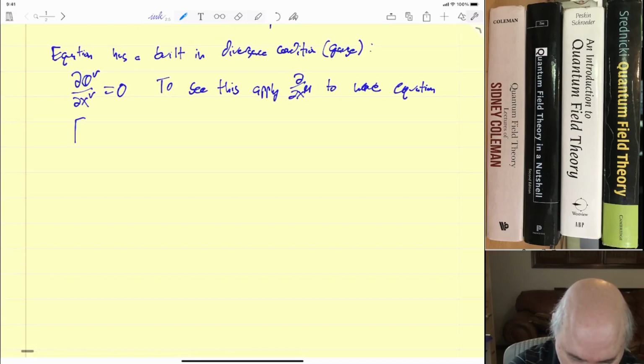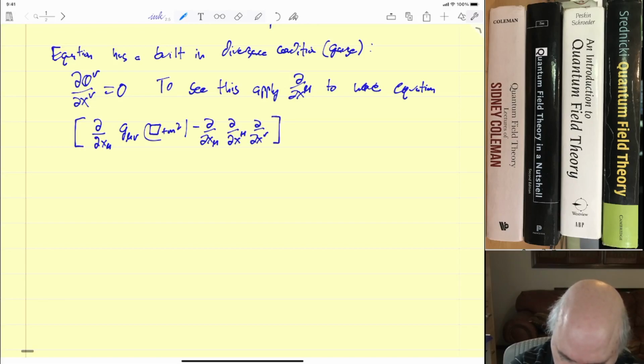Actually, I'm going to apply the lower one: partial with respect to x mu of g mu nu box plus m squared minus partial with respect to x mu partial with respect to x nu, phi nu of x, equals 0.